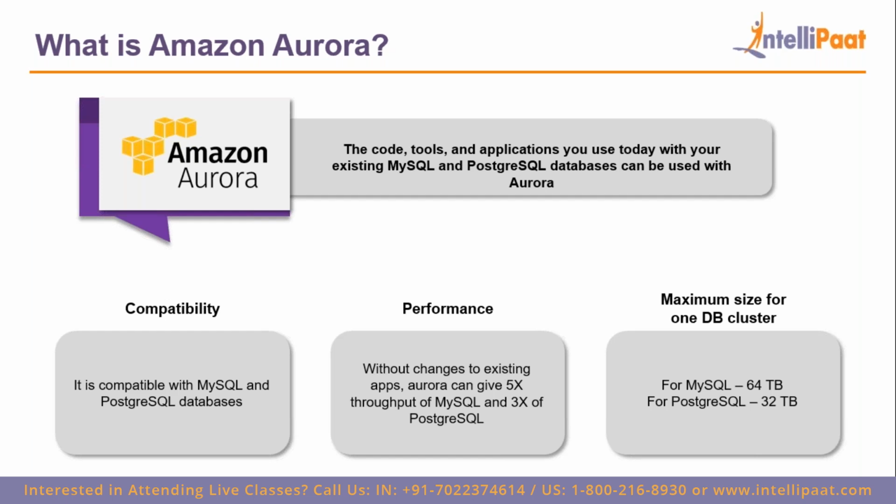For example, in the local setup, let us consider you're using XAMPP, and the host name would be localhost. If you just change localhost to the endpoint provided by Amazon Aurora, it is more than enough for you to write data into and read data from Amazon Aurora. So as I told you, it is compatible with MySQL and PostgreSQL databases.